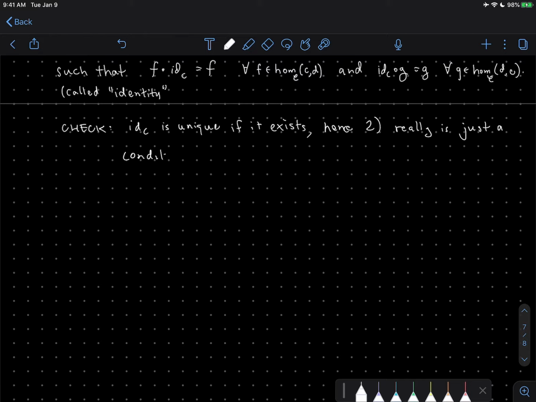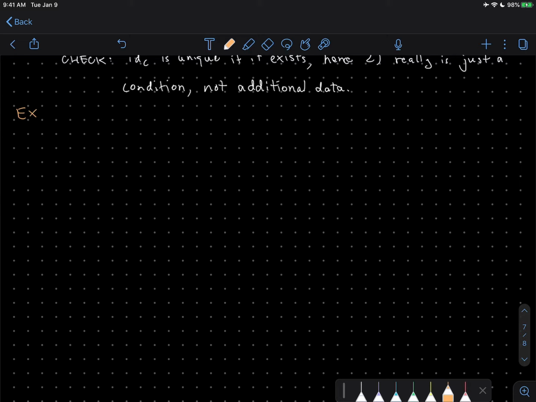Let's go ahead and give a whole bunch of examples. The first couple examples are going to be maybe expected, but I want to make sure to give some examples that de-emphasize the notion of objects of a category being like sets, and instead emphasize the arrows, the morphisms in the category.